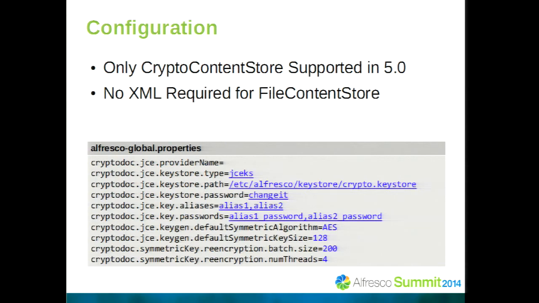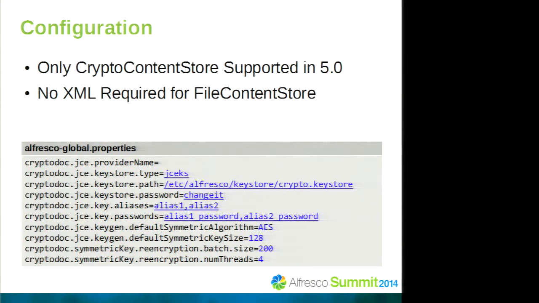But your general idea is you can specify a custom provider name for the JCE work. Where's your key store, if that's applicable, when you're using a file-based key store? What are your master key aliases that you want to use to encrypt the keys that encrypt the documents? What algorithm to encrypt the documents in?